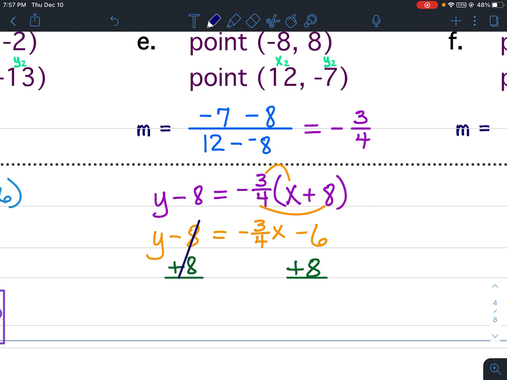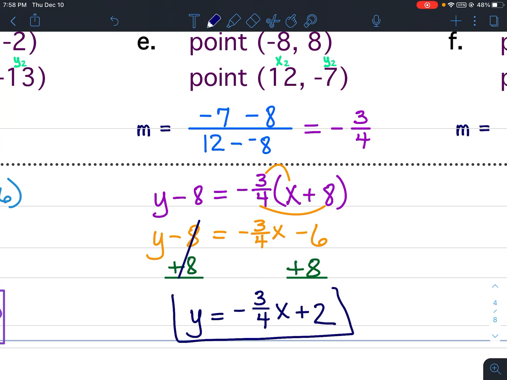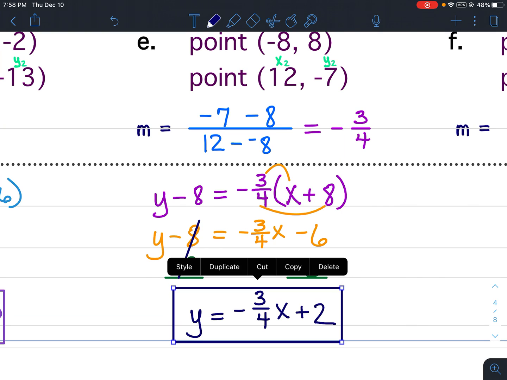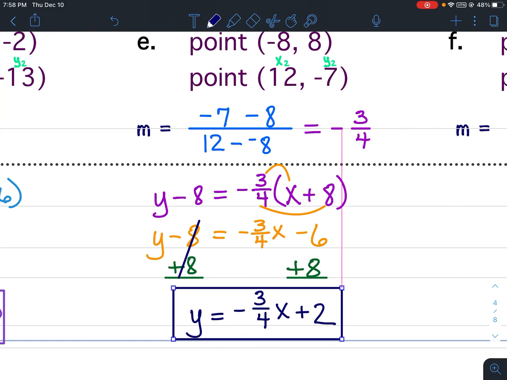So these would cancel, and we have y equals -3/4 x, and then 8 minus 6 is +2. If you don't have everything written down, take a moment to pause your video and get everything written down.